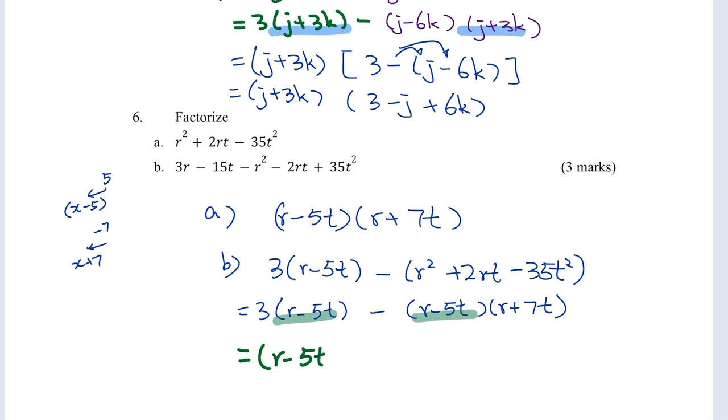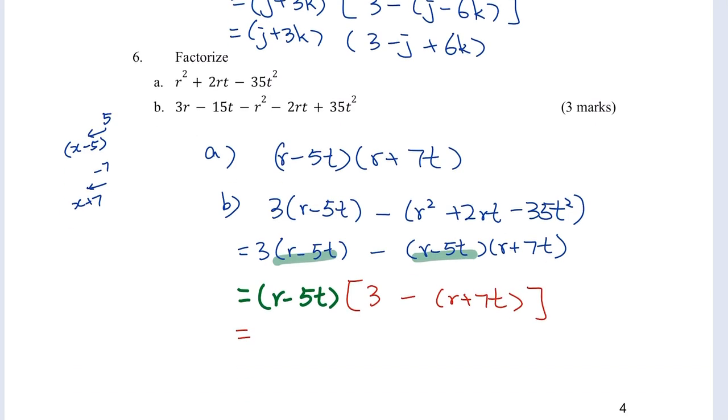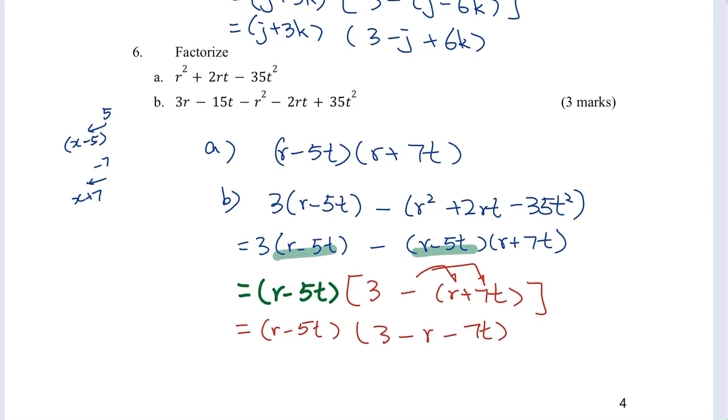And whatever is left, just put it in a big bracket. So 3 minus the other bracket. Close the bracket, and then we have to simplify, of course. Simplify means give the negative to both of them. So 3 minus R minus 7t. And that's your final answer.